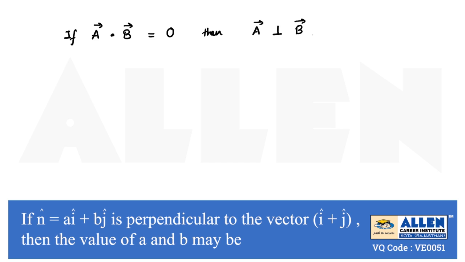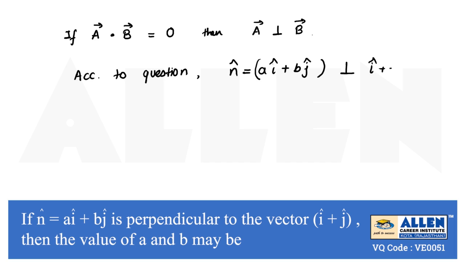Therefore, if a condition is given that two vectors are perpendicular, we can simply take the dot product of those two vectors. Here, according to our question, n cap, which is given as a i cap plus b j cap, is perpendicular to i cap plus j cap.